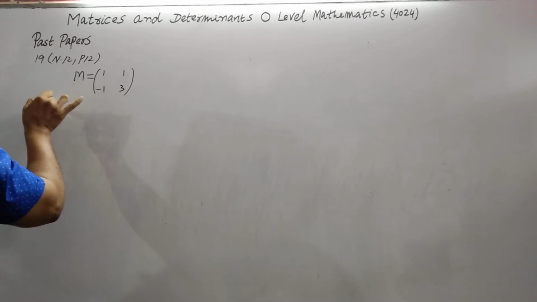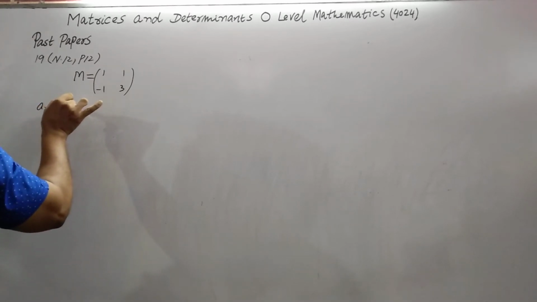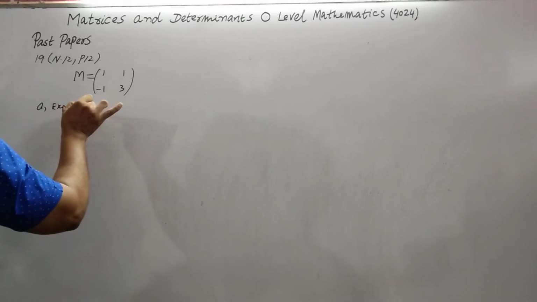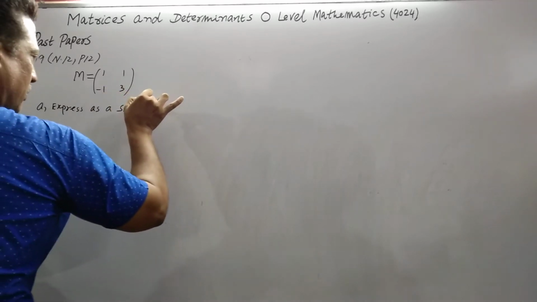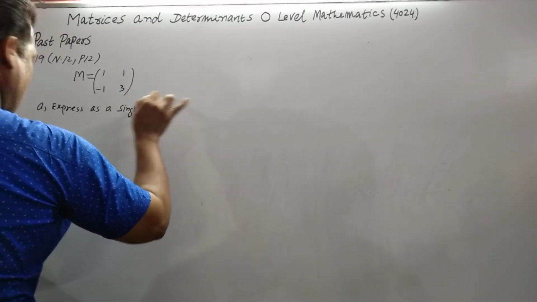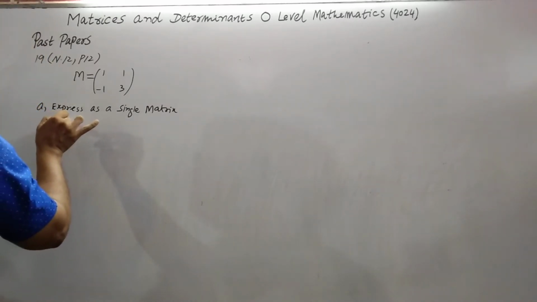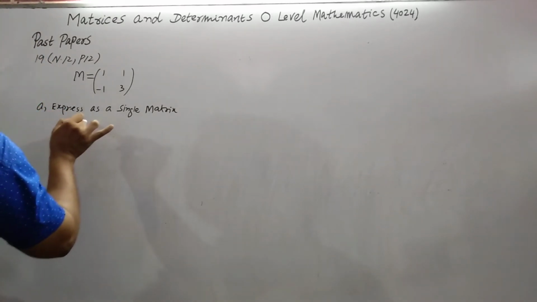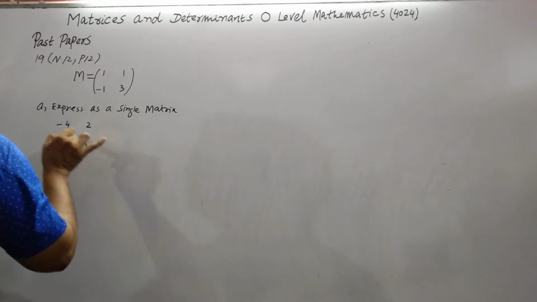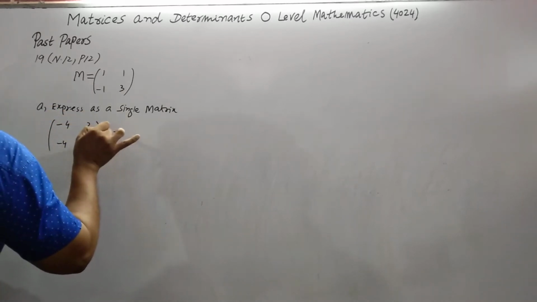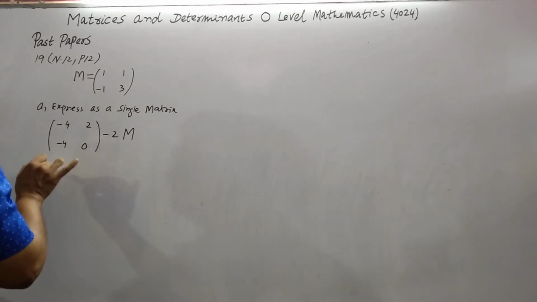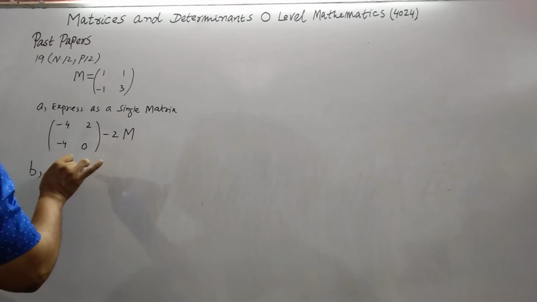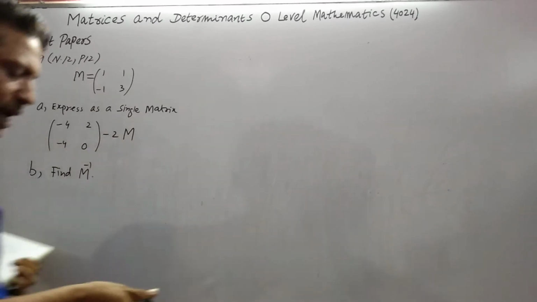Part A, express as a single matrix -4, 2, 0, -2 multiply by matrix M. Part B is find inverse of M, or you can call M inverse.